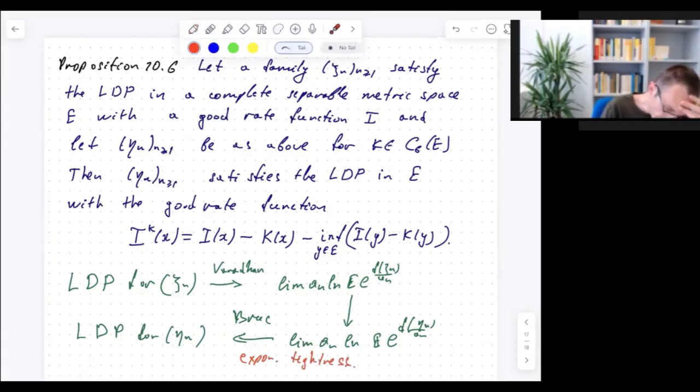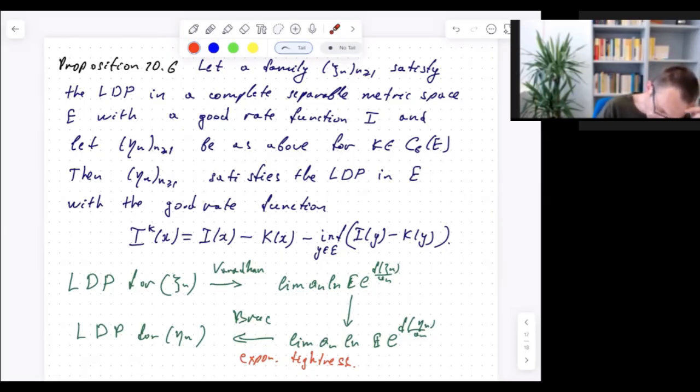Therefore I formulated this proposition in such a way that, having the large deviation principle for psi n, you get the exponential tightness for free, because we already had a statement that if random variables take values in a complete separable metric space and satisfy the large deviation principle with a good rate function, then this family is exponentially tight.